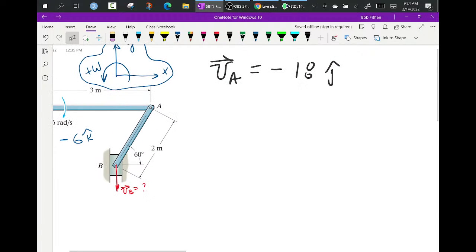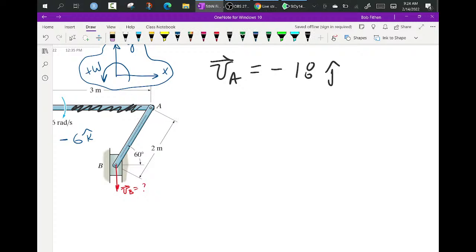Okay, so now, in your mind, if you go in here and say, I no longer care about this link, now I care about this link. And it's a rigid link, and A and B are on either end of it.